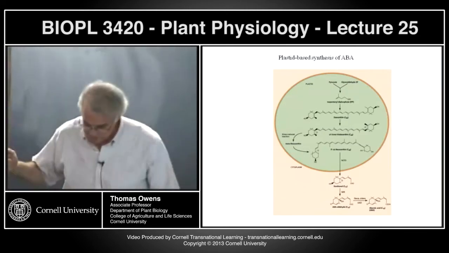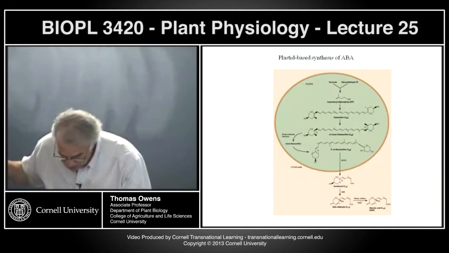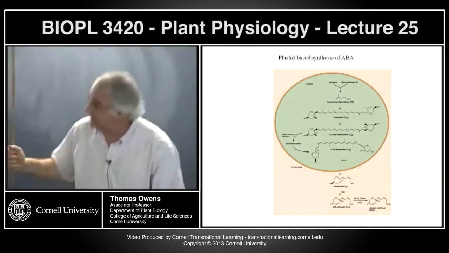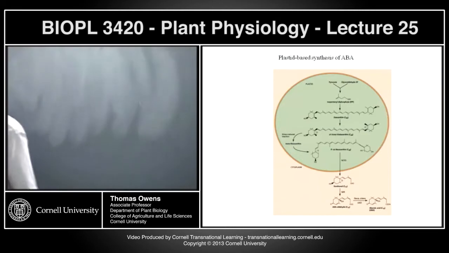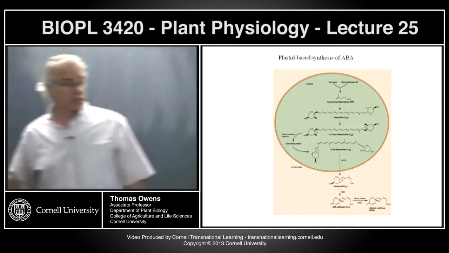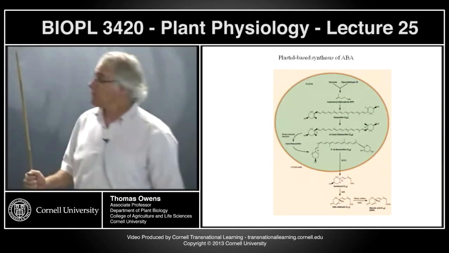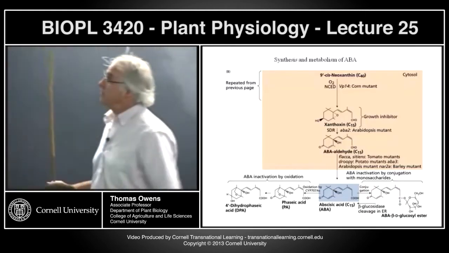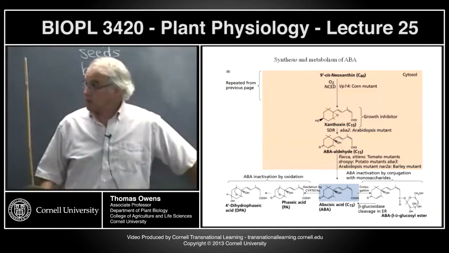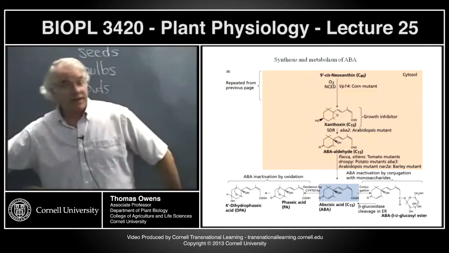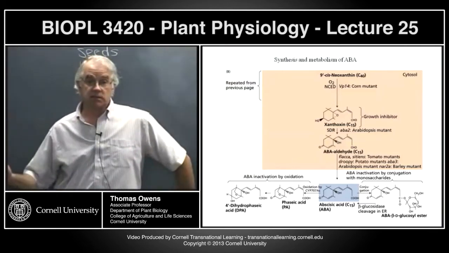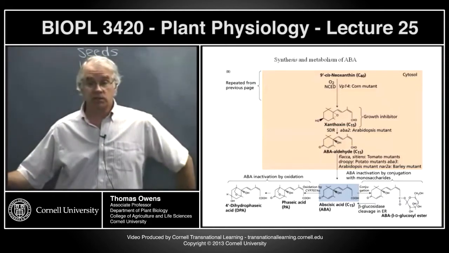Okay, I'm not going to go into the details of all the reactions and the mutants that have been identified there, but I do want to say something briefly about the metabolism of abscisic acid. It fits into the same categories that we've been talking about with other hormones.